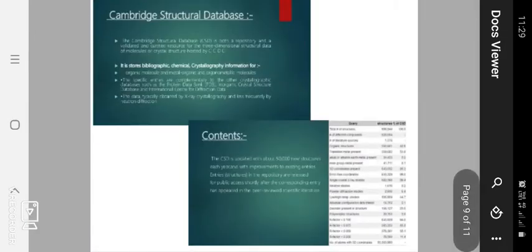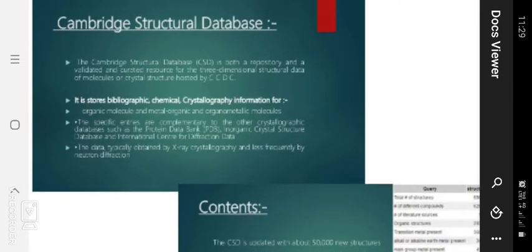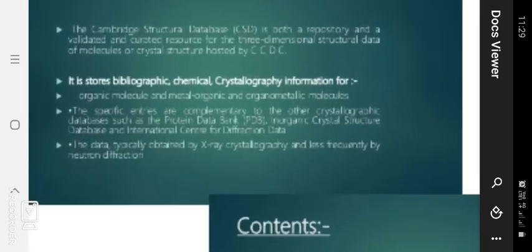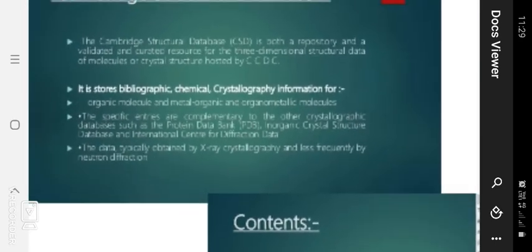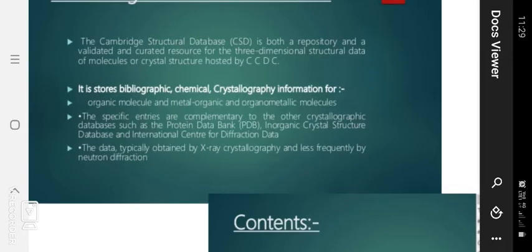Then the Cambridge Structural Database, the CSD, is a repository and a validated, curated resource for three-dimensional structure data, that means molecules or crystal structures hosted by CCDC.